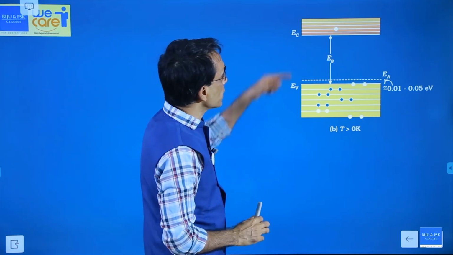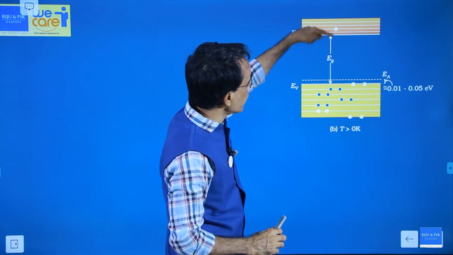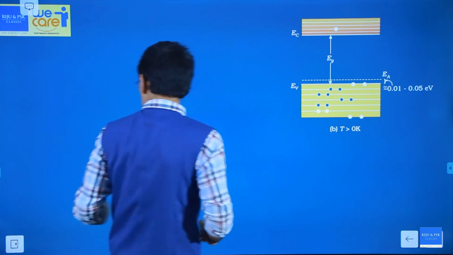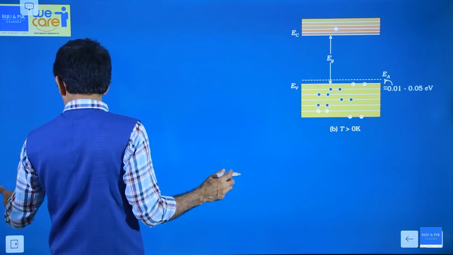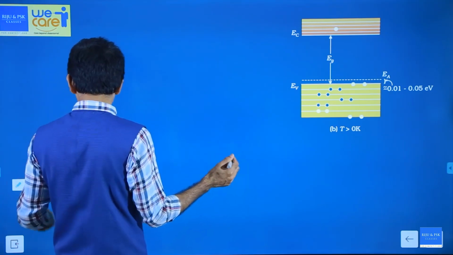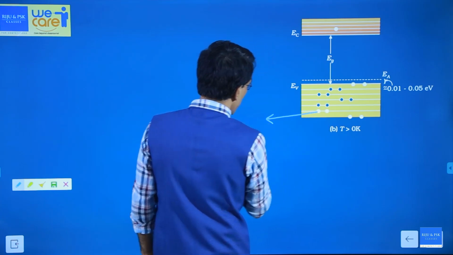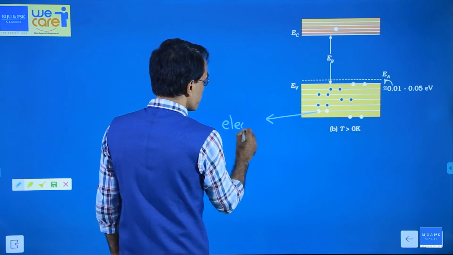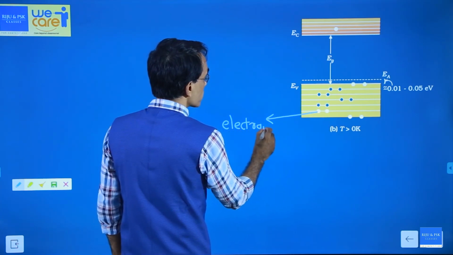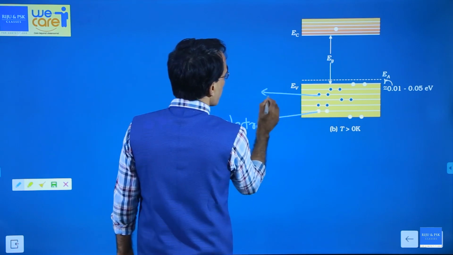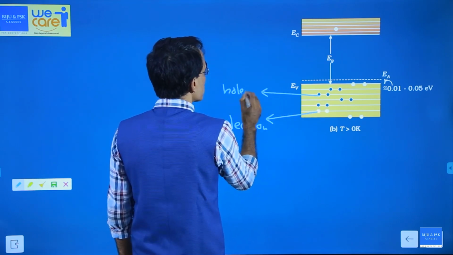Okay, you can see here there is one electron, and as I told you, in the CRT diagram this is the inverted picture of that one. So these dots represent electrons, and these are holes.